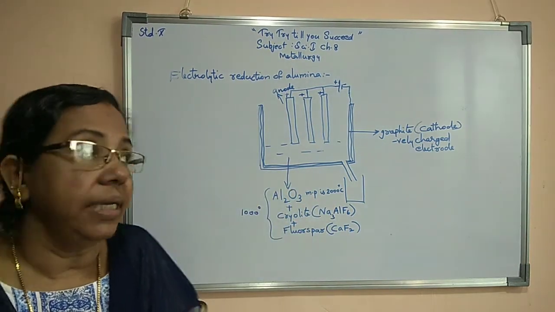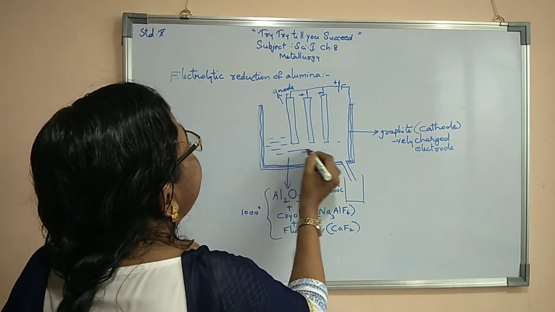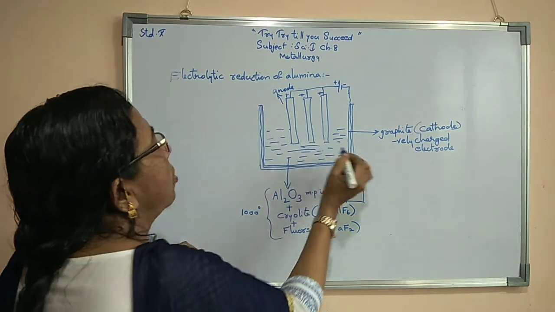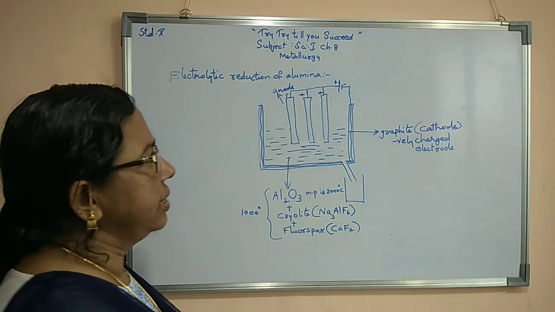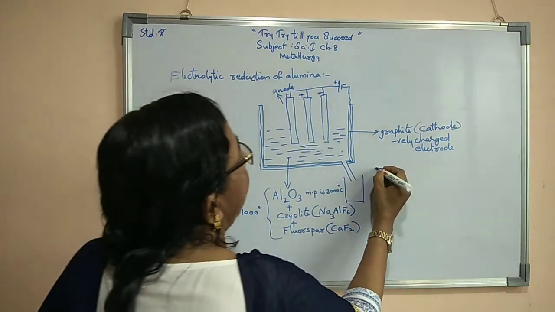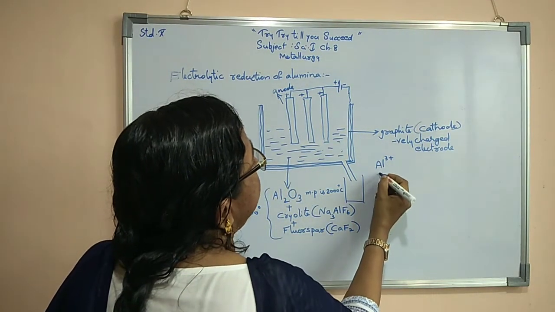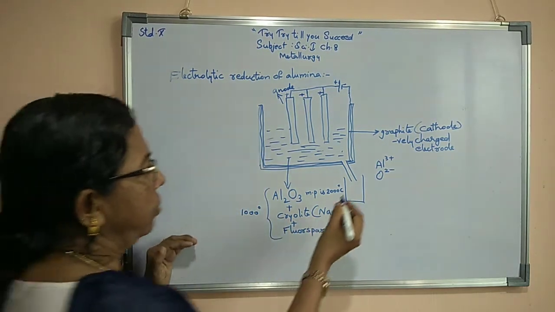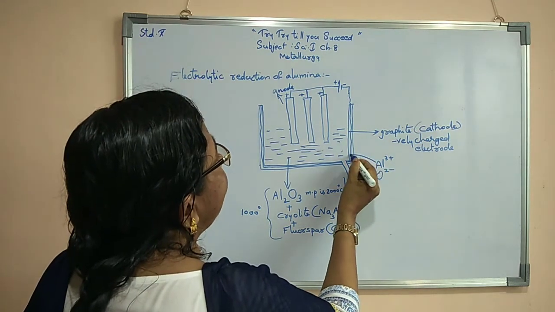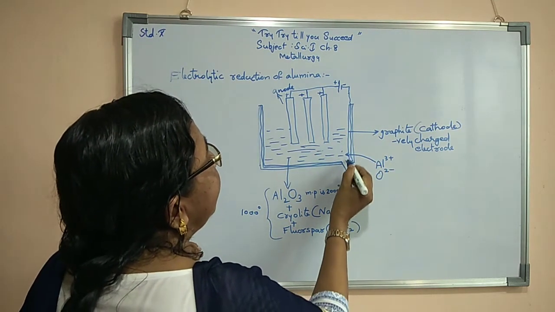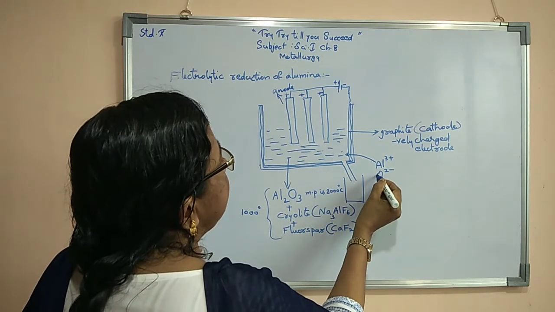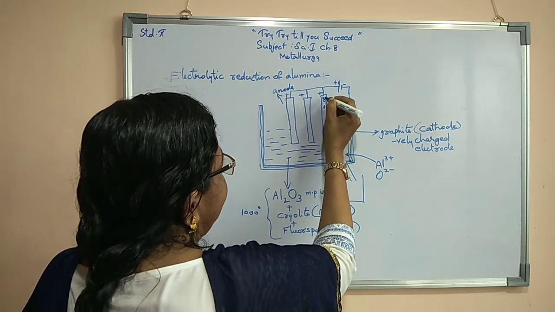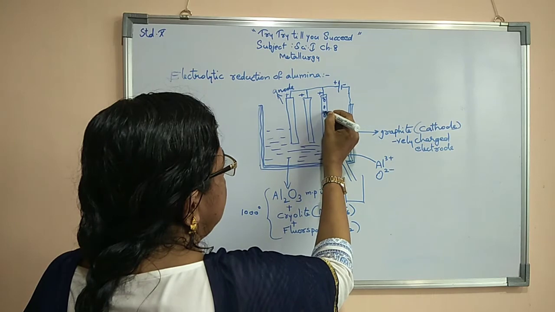When we supply heat, melting of the aluminium oxide will take place. As a result, aluminium ions, Al3+, and oxide ions, O2-, will separate. Now the Al3+ ions will collect on the lining here. At the same time, the oxide ions will collect on the anode.